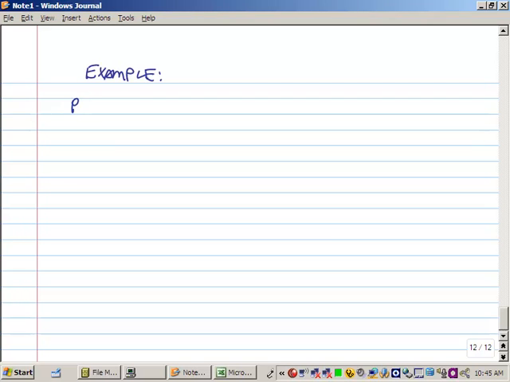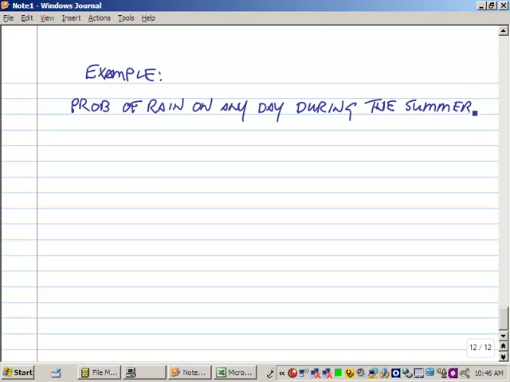Let's say that the probability of rain on any day during the summer is 30%, and that probability is independent, I'll define that concept better later on, of rain on any other day.